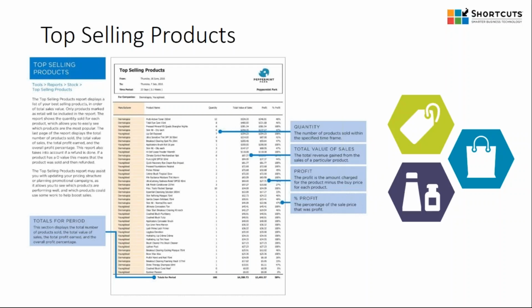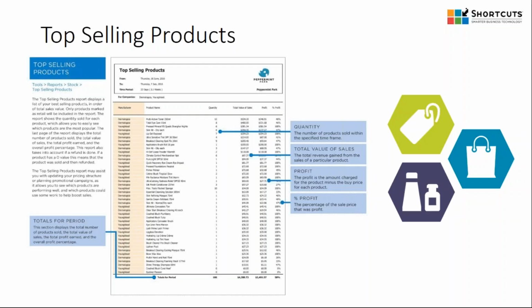Our top selling product report displays a list of your best selling products in order of total sales value. Only products marked as retail will be indicated in the report. It will show you the quantity sold for each product, which allows you to easily see which products are the most popular.